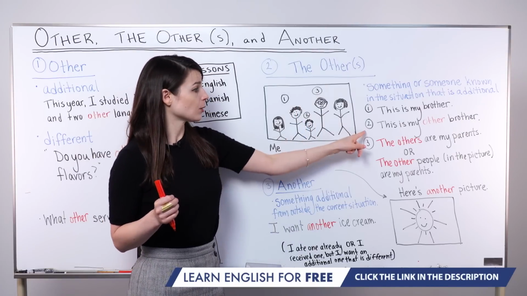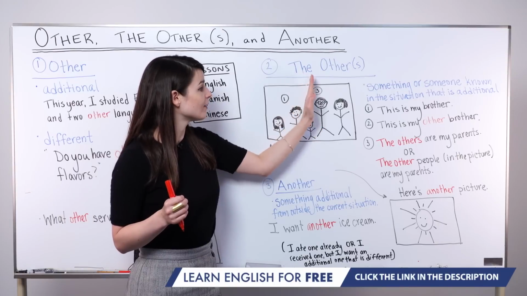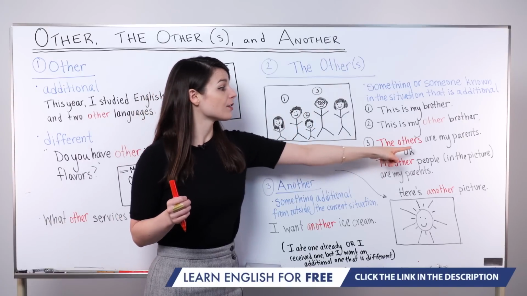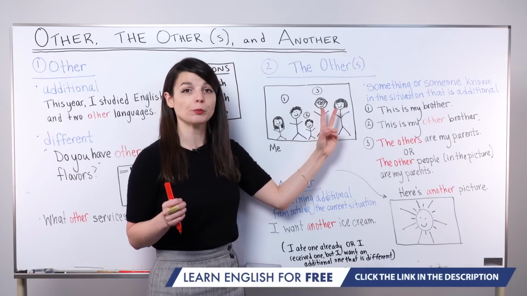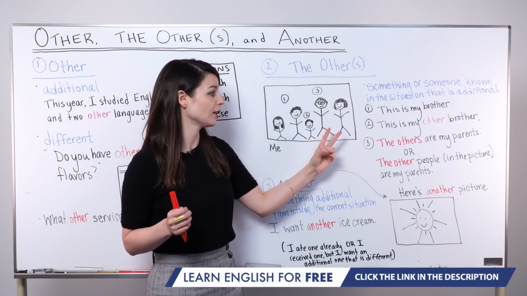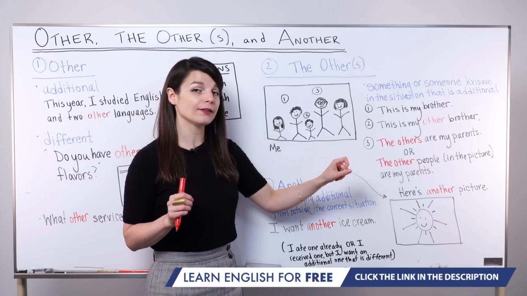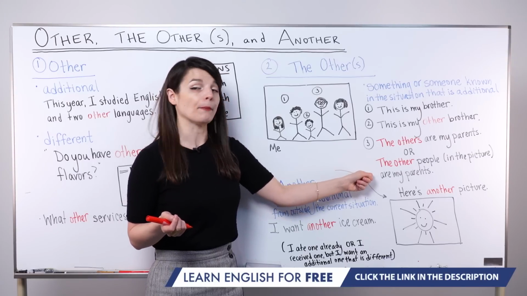Then, after example sentence number 2, we have these people remaining. We could say, the others. In this case, others refers to 2 people, the 2 remaining people that we know in the situation. The others are my parents. Or you might also hear the other people in the picture are my parents.